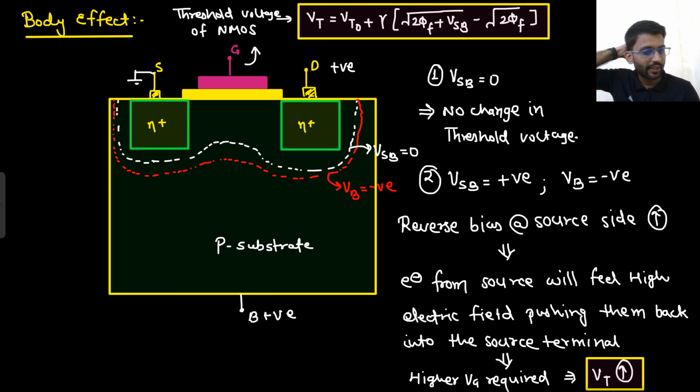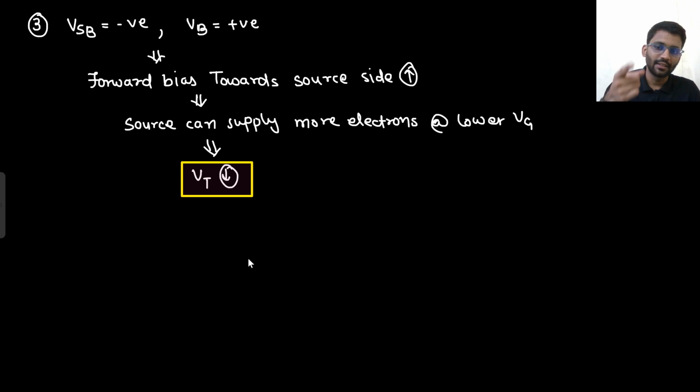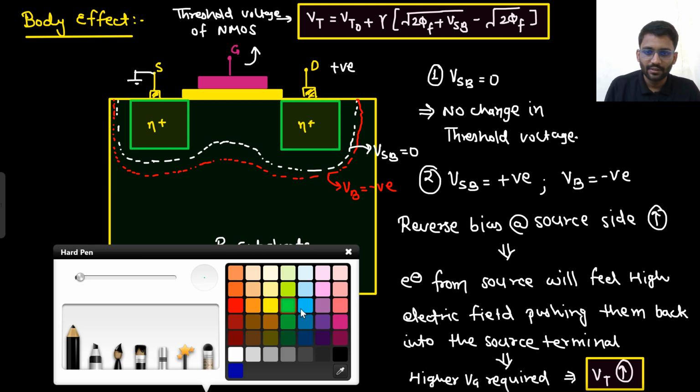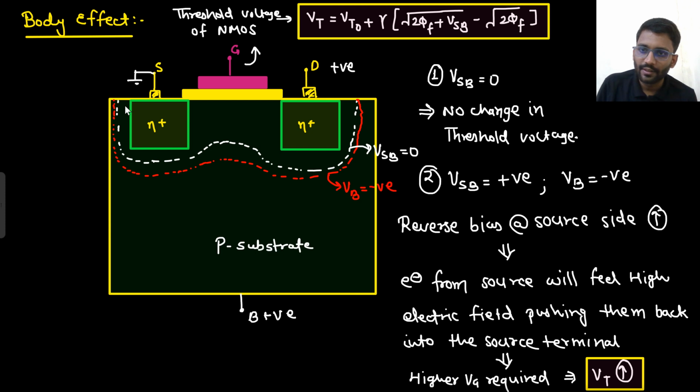So at lower VG only, you will get more current. So VT is decreased here, and when VB was negative, the VT got increased. So this was the concept, and we can draw it here.